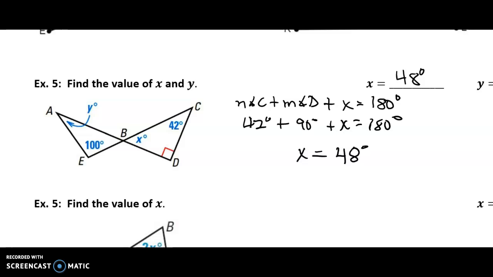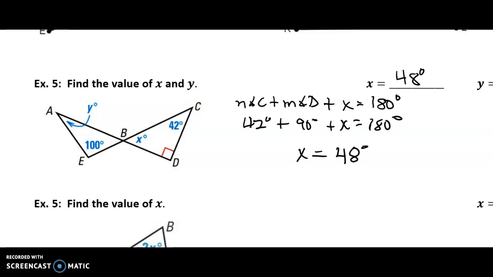Well, you notice that in the triangle to the left, we only have the given angle E to be 100 degrees. Okay, in order to use the interior angle sum theorem for triangles, it's best that we have 2 out of the 3 angles in our triangle.